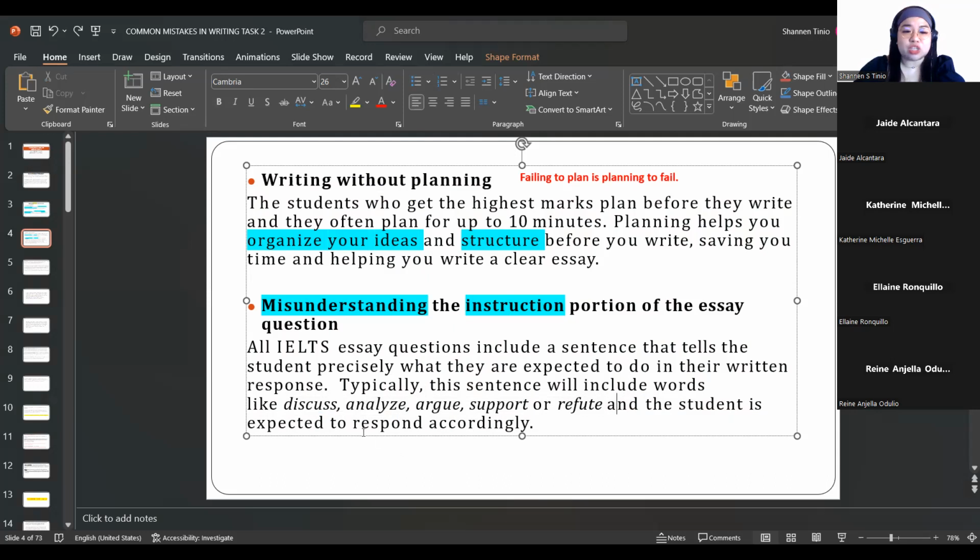And the student is expected to respond accordingly. Ito yung key instruction dyan eh. Respond accordingly. Pero ma'am, what if hindi ko nga kasi magets yung instruction? Pilitin mo, okay? Pigain mo yung utak mo. Yeah, you have to make sure that you understand the instruction.